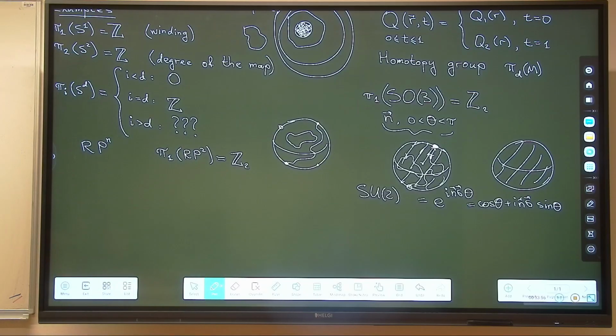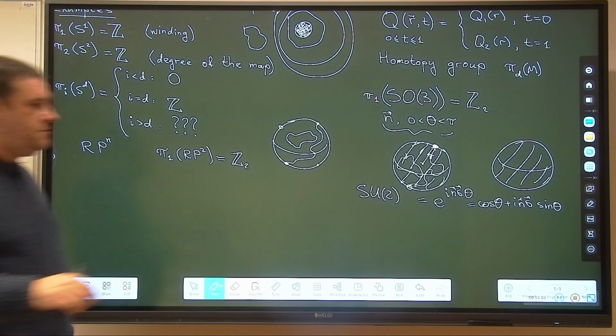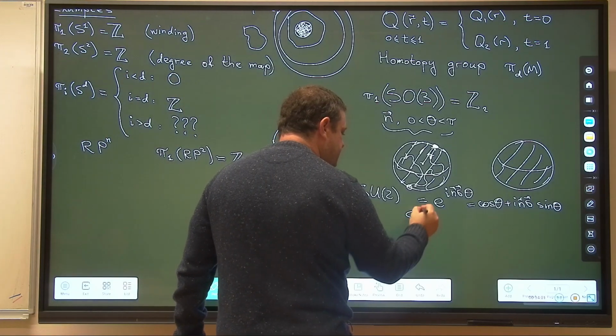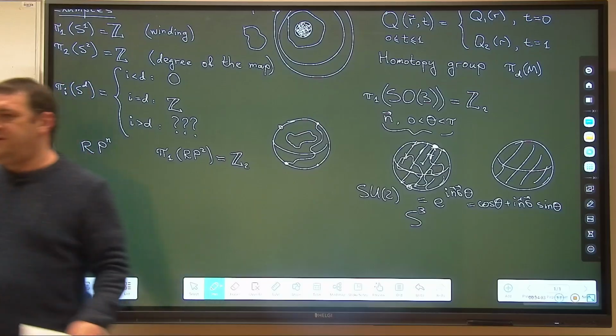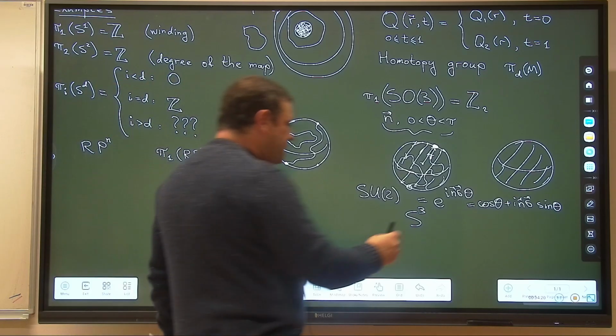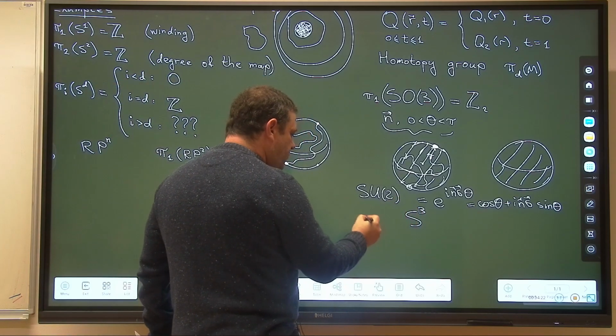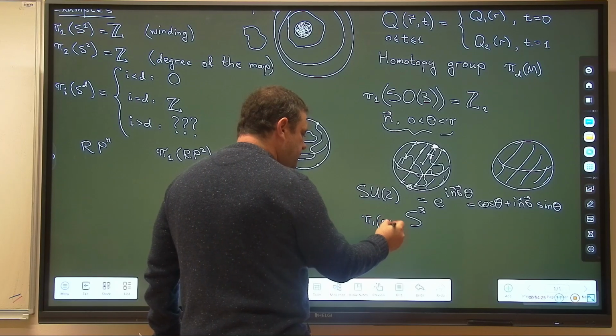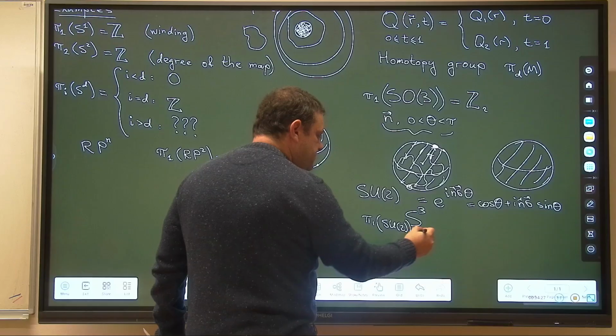And this space has a name. It's actually S3. It's a 3-dimensional sphere. It doesn't have a boundary. If you go in any direction, you go in a loop, jumping. So it's a 3-dimensional sphere, and pi1 of SU2 actually is 0.